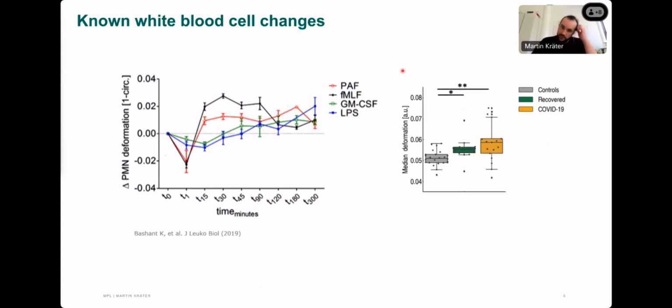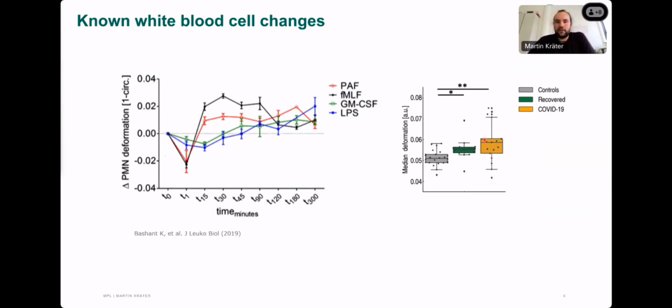That this holds true is something we have seen also in COVID-19 patients, severely ill COVID-19 patients. Again, the deformation of the neutrophils is plotted for control people, for severely ill COVID-19 people, and then also for people who have recovered from the disease. Back then, when we published this study, there was basically just the community of long COVID people speaking about long COVID or PCS.